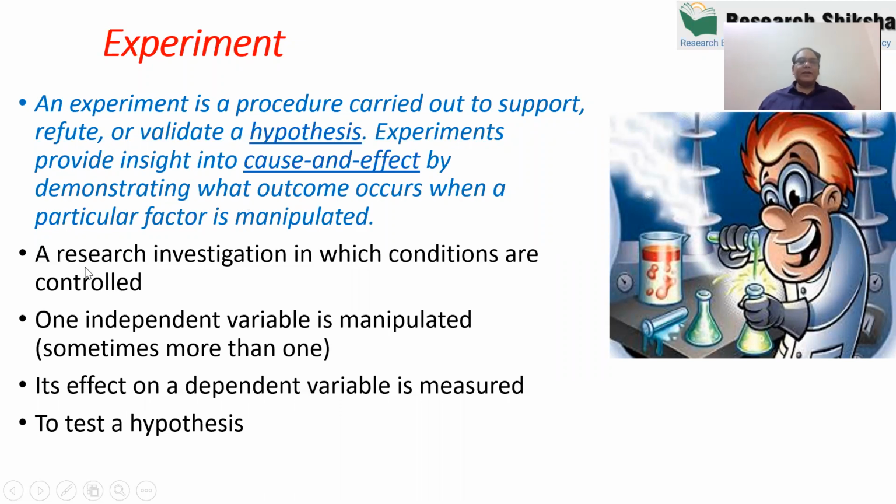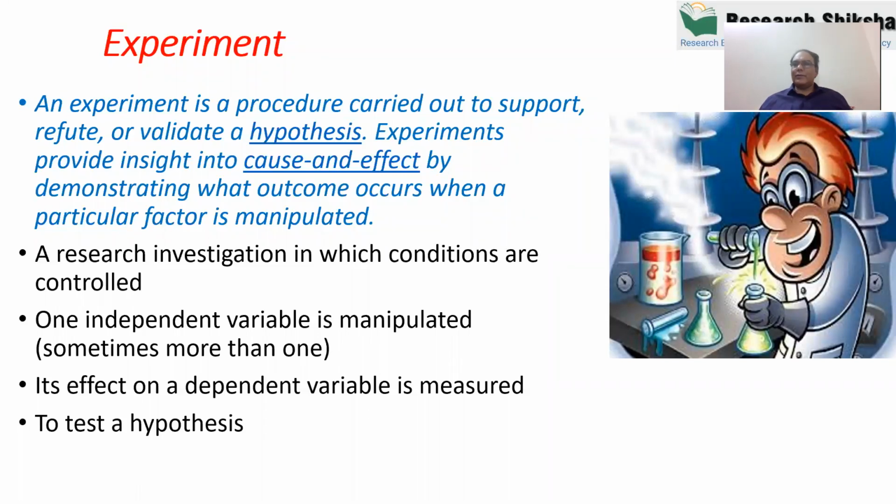This experiment is a research investigation in which conditions are controlled. Controlled conditions, I hope you know, because you have to decide what medicine to provide to the patients, when the medicine should be provided, like this. And sometimes the independent variables are many.